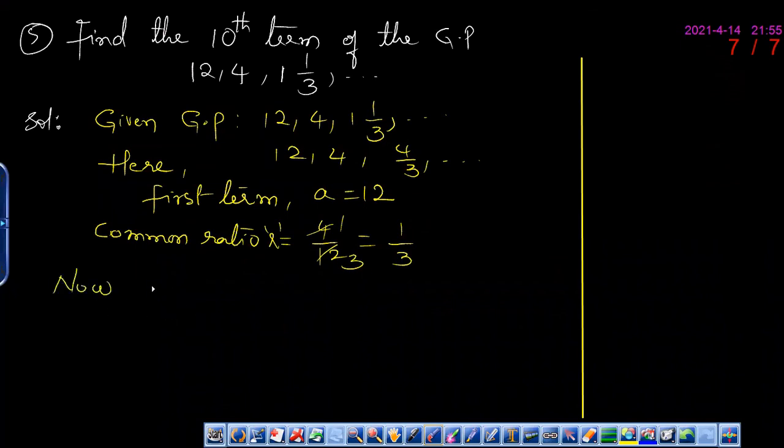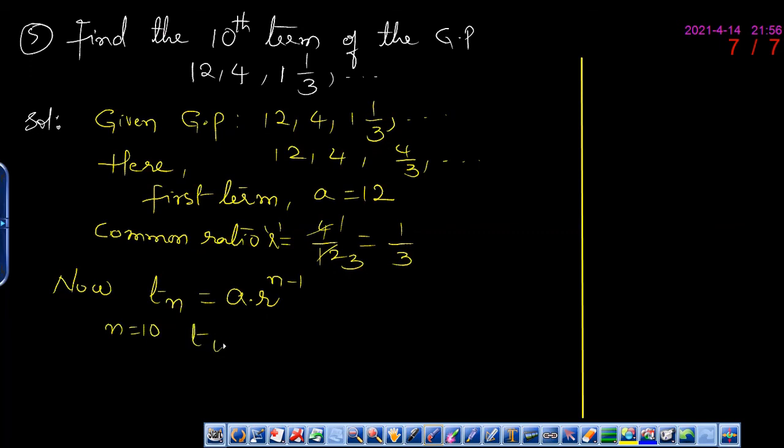Now we need to find the 10th term, Shivani. What is the formula for the nth term? A into R to the power n minus 1. Now what is the value of n? n is 10.